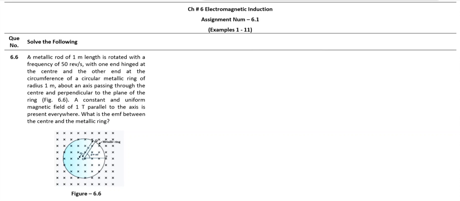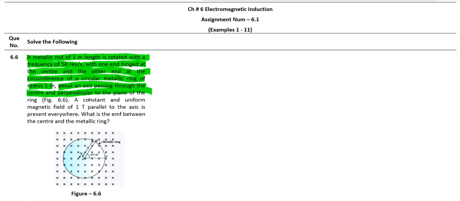The question is: a metallic rod of 1 meter length is rotated with a frequency of 50 revolutions per second, with one end hinged at the center and the other end at the circumference of a circular metallic ring of radius 1 meter, about its axis passing through the center and perpendicular to the plane of the ring, as shown in figure 6.6.